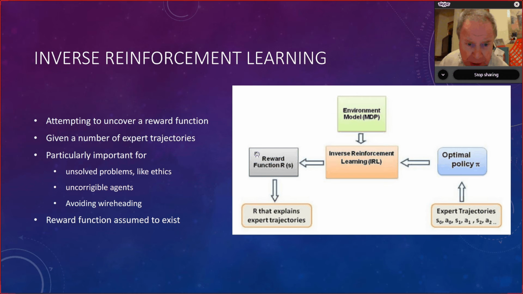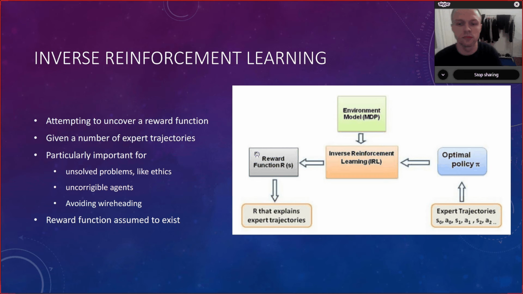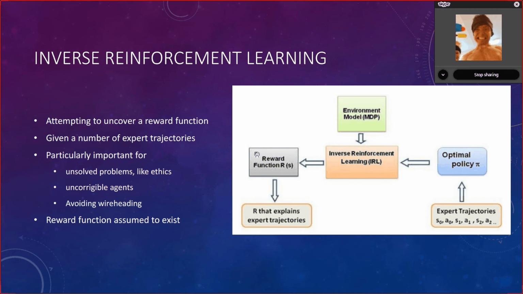Again, wireheading. Let's assume that you have an agent that believes that, if it finds an easy way, a shortcut around solving the problem, where it just increases its own values. It finds an almost infinitely high reward, for instance, by just incrementing its reward counter or something simple like that. That's not really what we want.